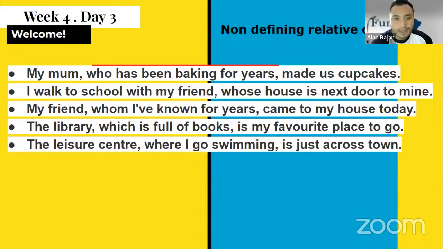Okay, so I will say, my friend, whom I've known for years, came to my house today. To specify that it's not my friend from school, it's not my friend from the church, it's my friend whom I've known for years. Yes, clear?